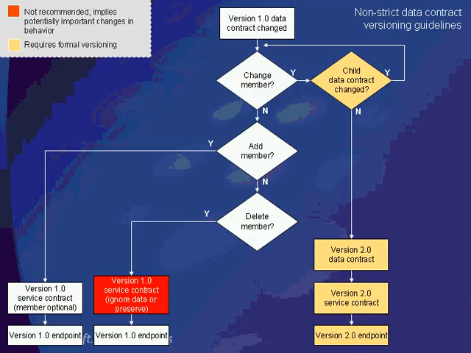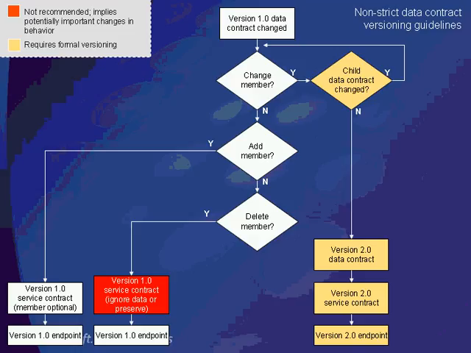When we talk about data contracts, those of course impact service contracts, right? If I make a change to a data type that's used in a service contract, I'm affecting that service contract, so be aware of that. When we talk about versioning data contracts, we think about if we changed a member or not. And the question is, did I change a child member or not?